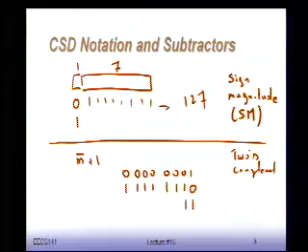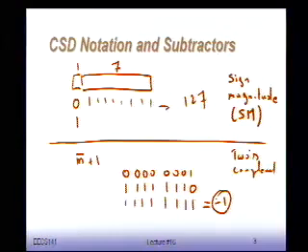So adding 1 to this number gives 8 ones. So in this case, minus 1 is equal to all ones. 0 is all zeros. Plus 1 is 7 zeros and a 1. And you can keep on repeating that.